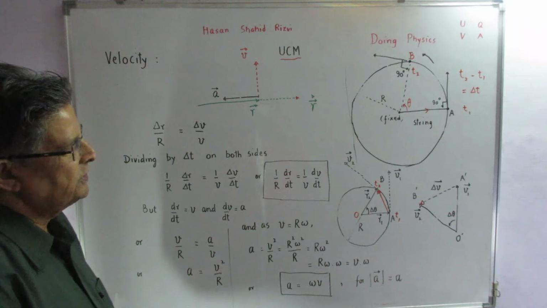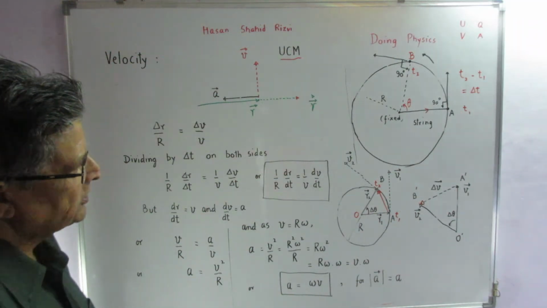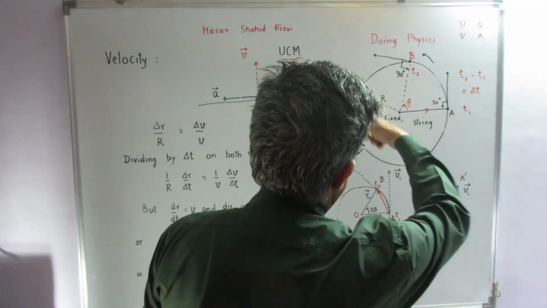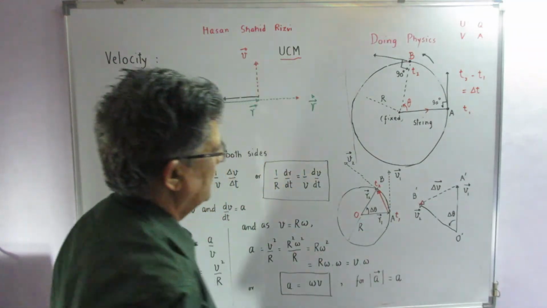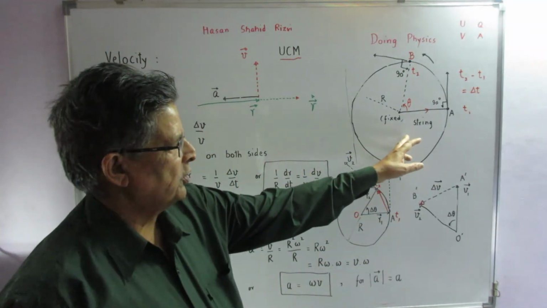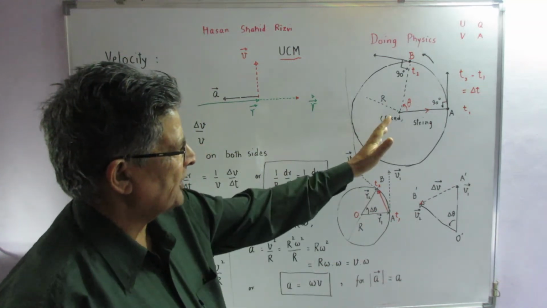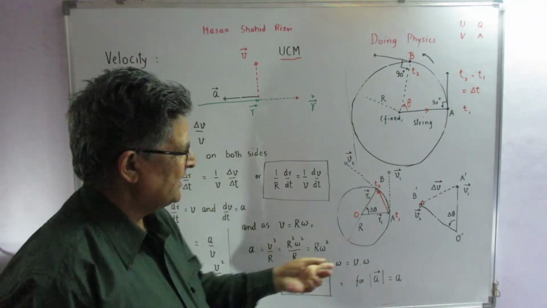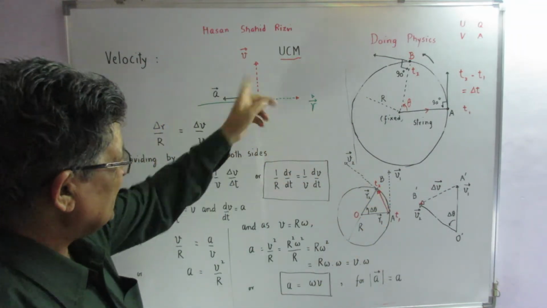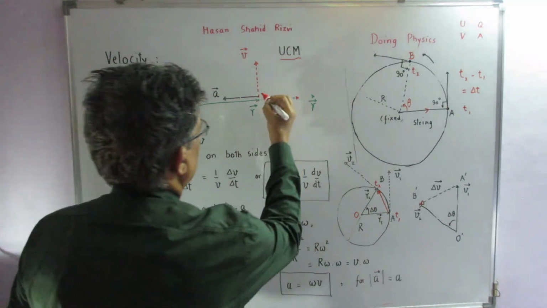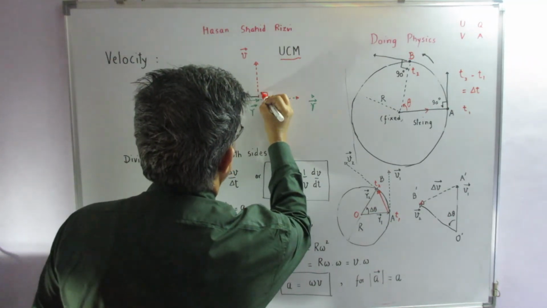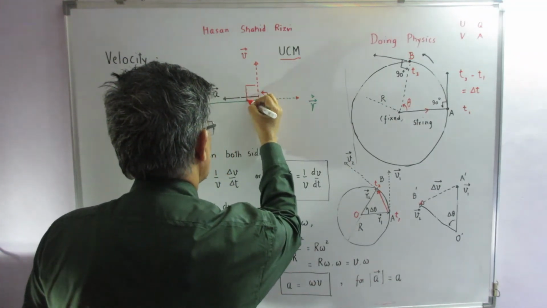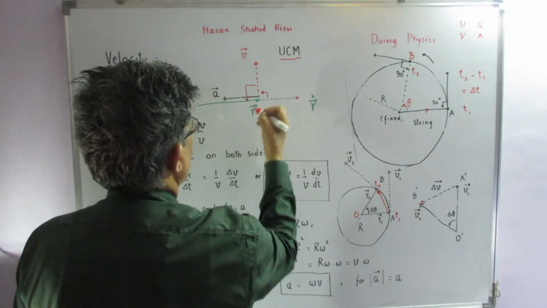So you see, in this lecture we have done the physics of the uniform circular motion. We have obtained the expressions and we have seen that the velocity vector is leading the displacement vector by 90 degrees, and in turn, the acceleration leads the velocity vector by 90 degrees.